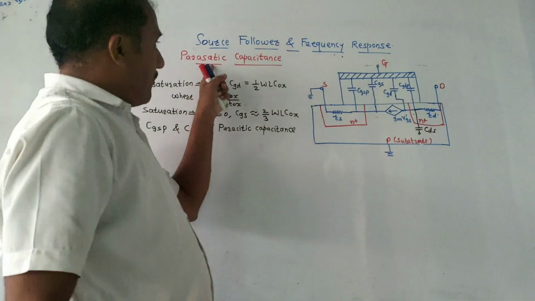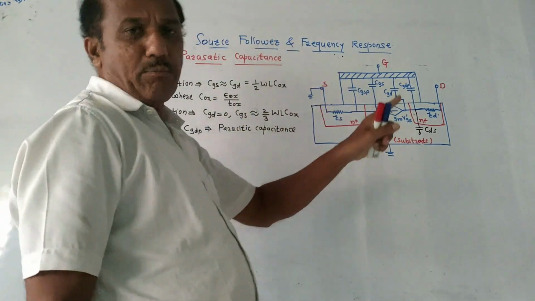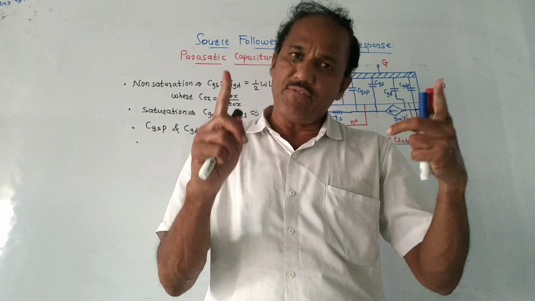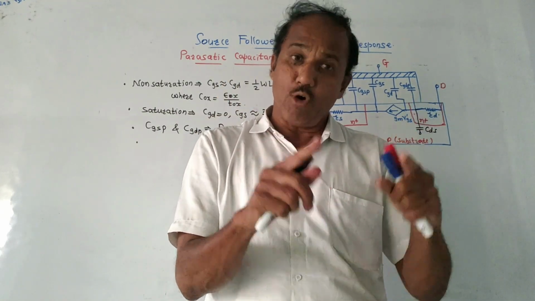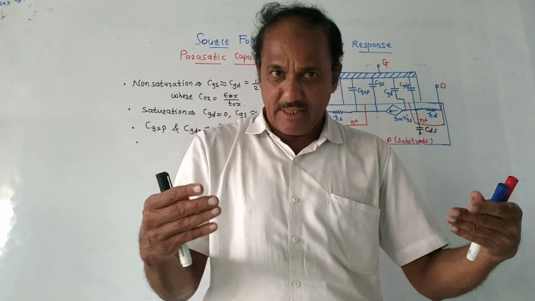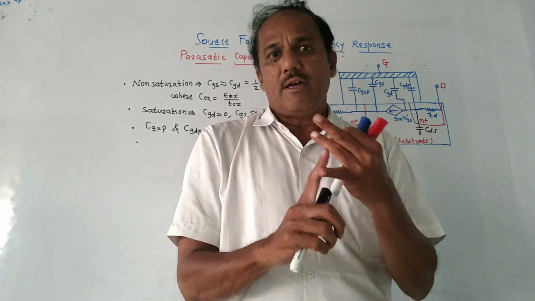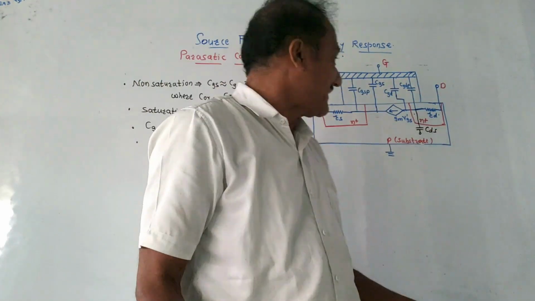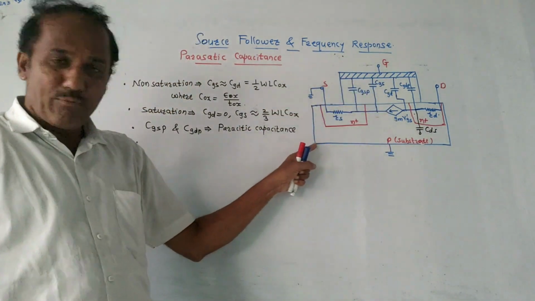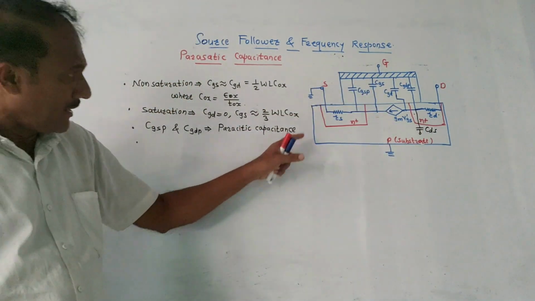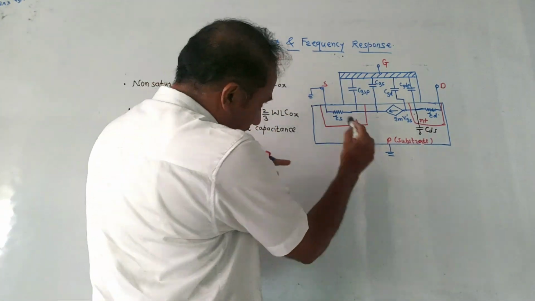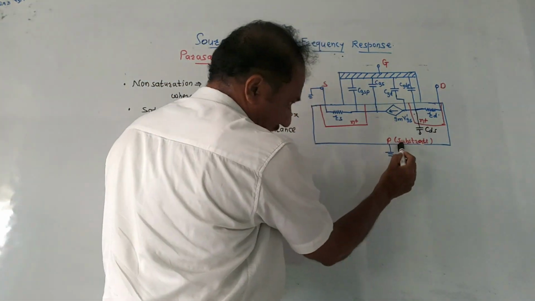Next, parasitic capacitance. From the exam point of view, you may expect a question like this: draw the high frequency model of MOSFET, rather N channel E MOSFET, and explain the parasitic capacitance or explain various capacitances. So this is the diagram which is called the high frequency model. इसमें अलग अलग capacitance draw किए हैं. देखो, this is basically a P type substrate.